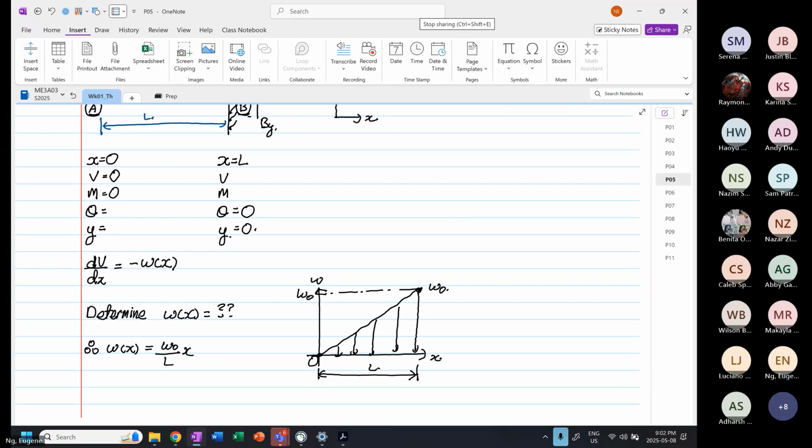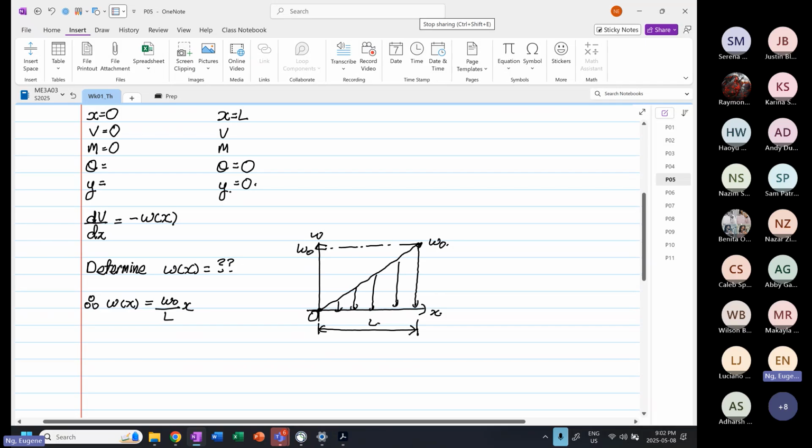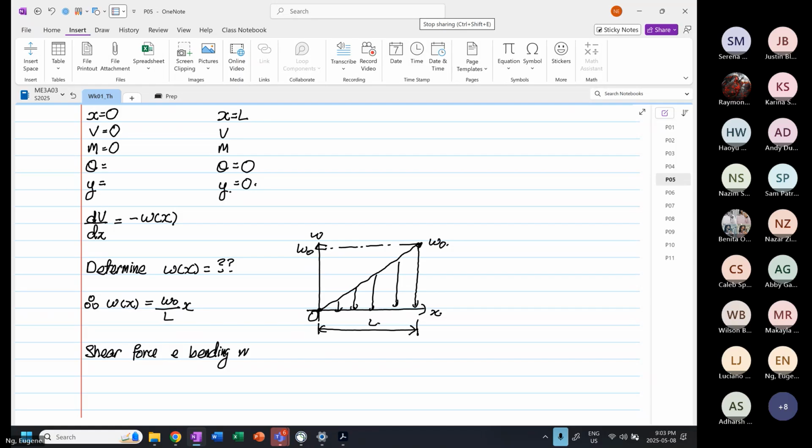By using this, we are going to determine the shear force and bending moment equation using the integration method.